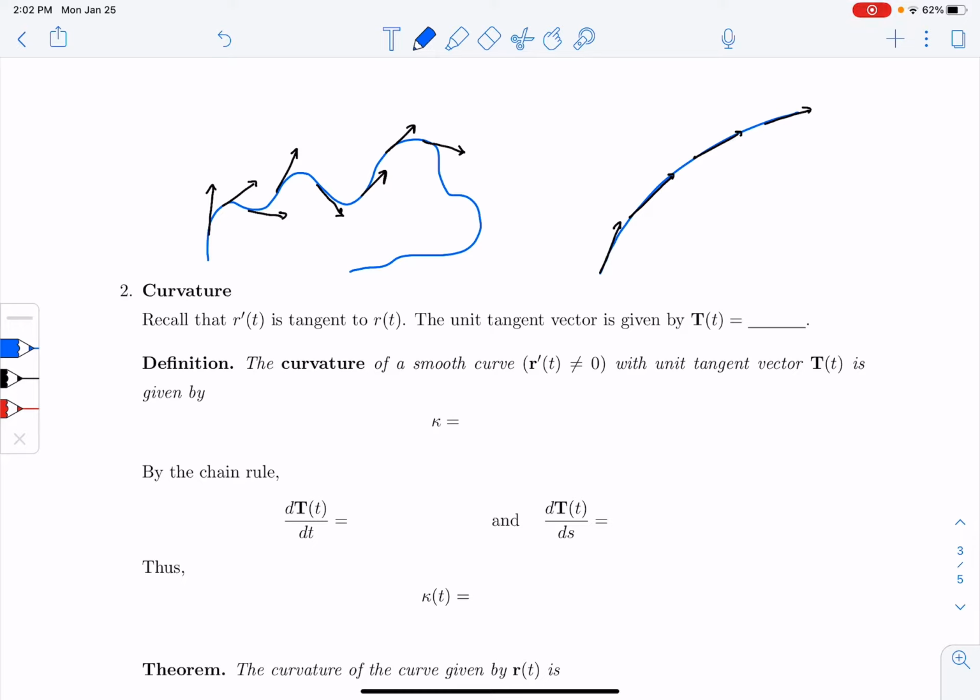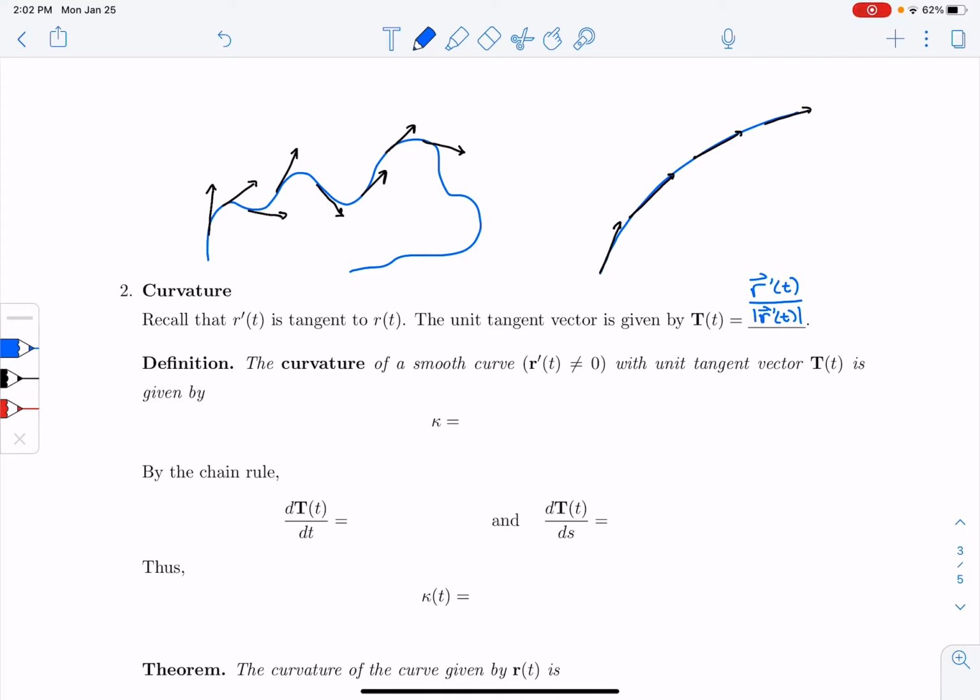That's going to be the derivative of our curve, r prime of t, divided by the length of r prime of t, so that we have a unit vector. And then we want to understand how that unit vector changes. That's going to be our definition of curvature.